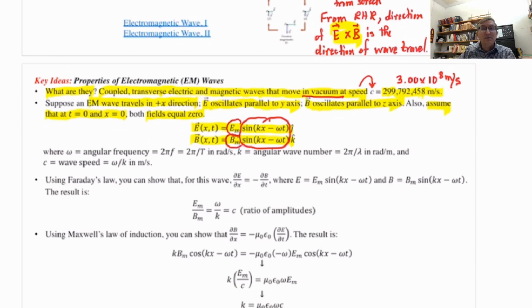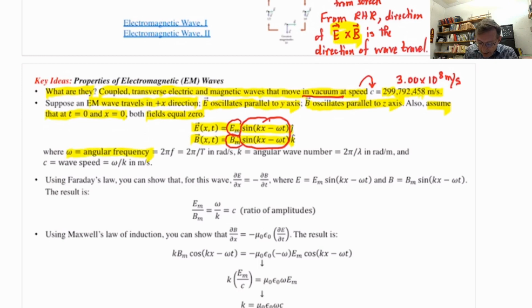And those are the maximum values, respectively, for E, that would be newtons per coulomb, or volts per meter, and B, in Tesla. Note, when the argument is kx minus omega t, that means it's a traveling wave, traveling in the plus x direction. And the symbol omega is called the angular frequency of the wave.